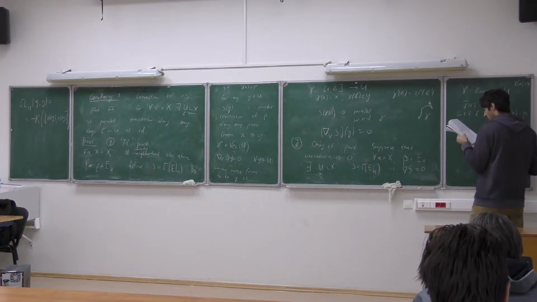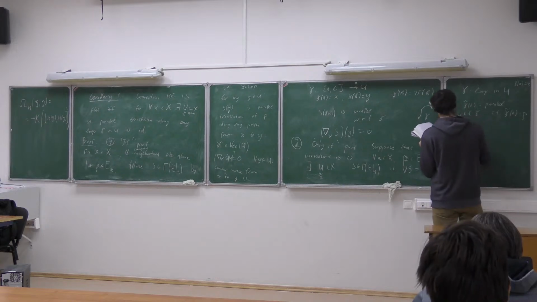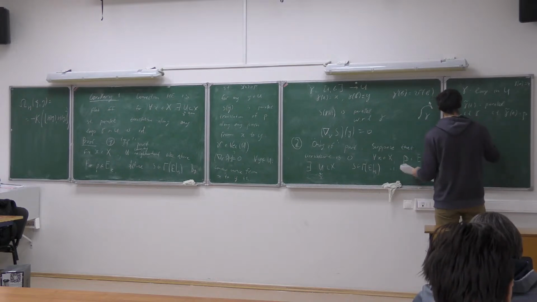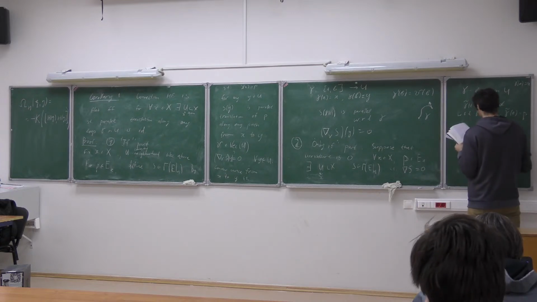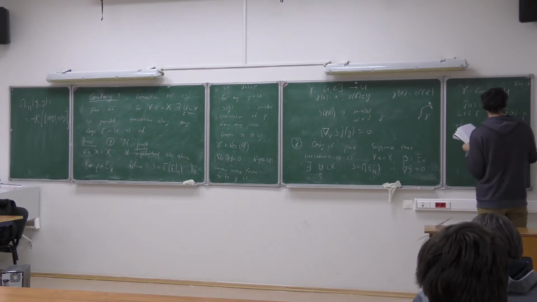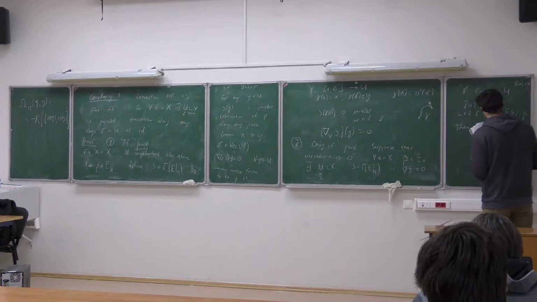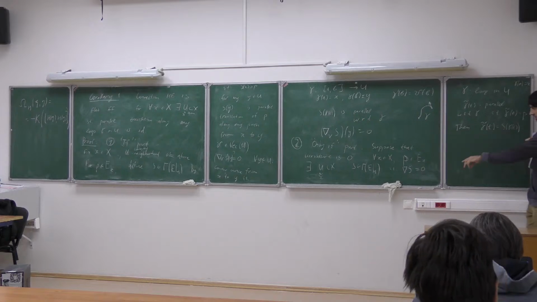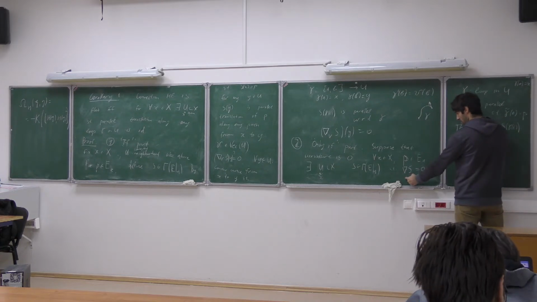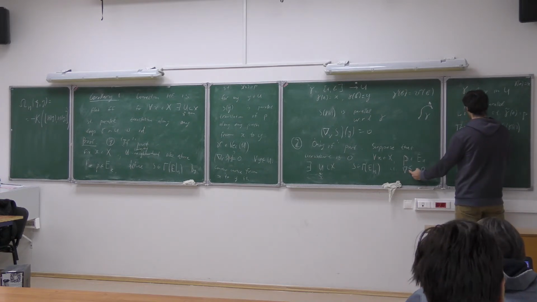Well then, because of this condition, my gamma tilde of t is exactly S of gamma of t. Parallel translate means that I take a curve such that at each point nabla gamma prime of gamma tilde prime is 0.